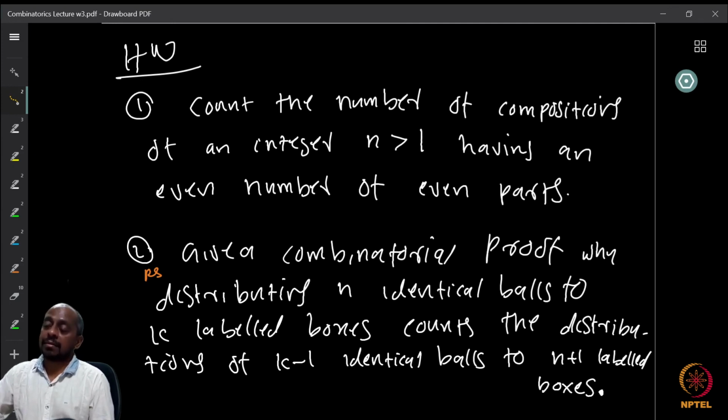I mean the same in that there is a bijection between them, so the cardinalities are the same, which is kind of interesting to see. Why should they be the same? So can you find a combinatorial proof? Of course, if you want to give an algebraic proof, I think it's very easy, there is nothing there. But we need a combinatorial proof of why they are identical.